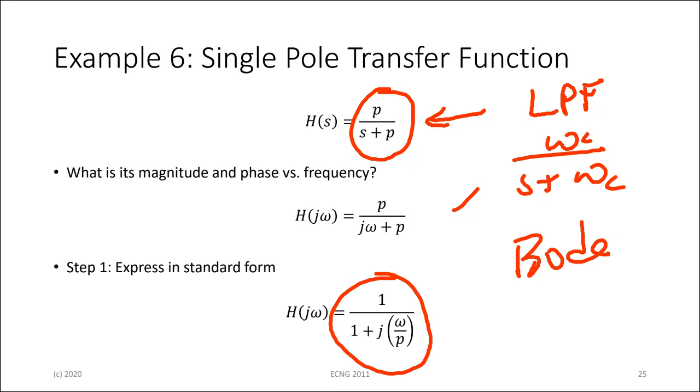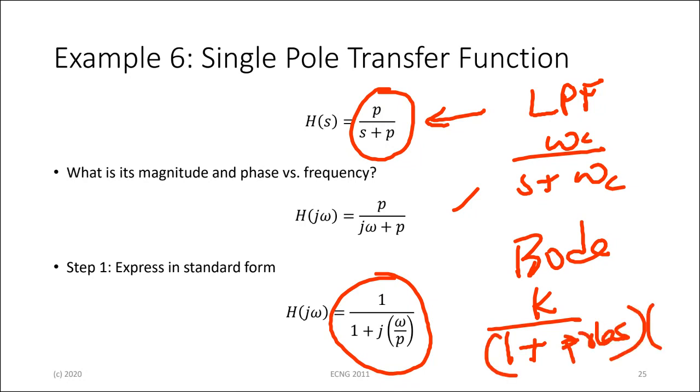So we always try to get the transfer function into this form, or a form k over 1 plus the poles, and we'll see the multiples of that going around. We'll do the same thing for the zeros, 1 plus the zeros, etc., all the way through. So we get it in this form, and that is fairly easy.